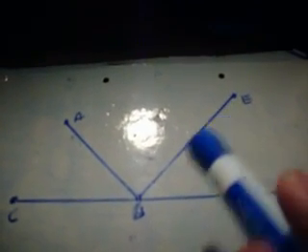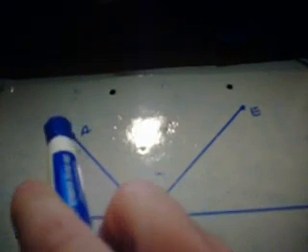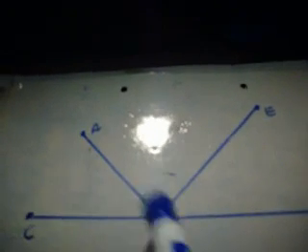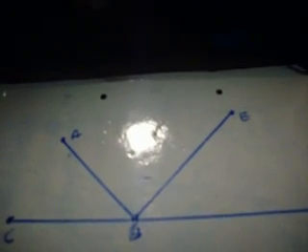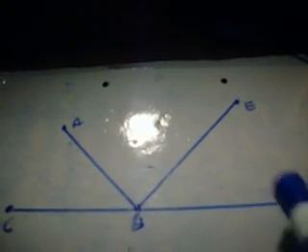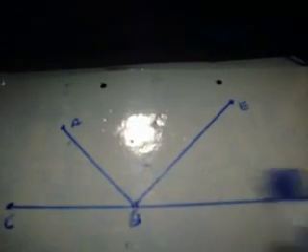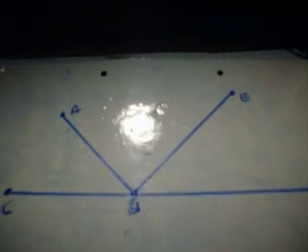So therefore, since ABC, the number of degrees here, and ABD comes up with a total of 180 degrees, then BC and BD lie on line CD. And that's the proof. That's it.